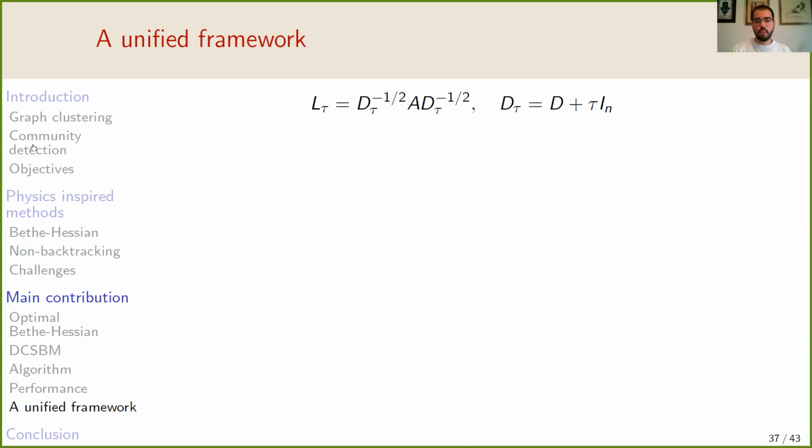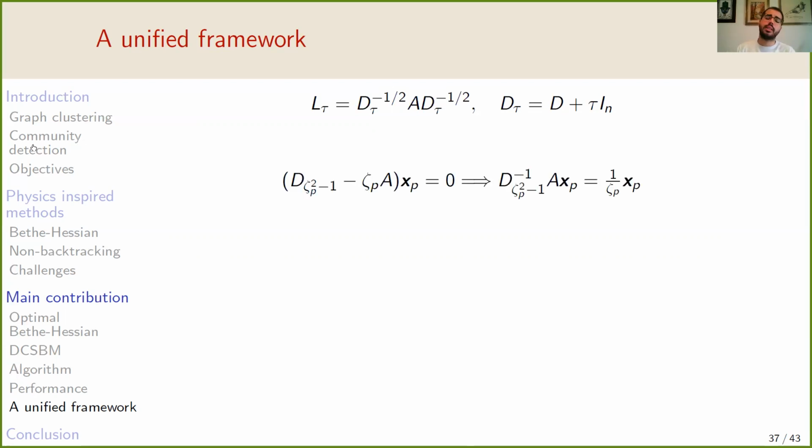Similarly, we can talk about the regularized Laplacian matrix L tau, which is the matrix that corresponded to the black dots in the figure earlier. To obtain this matrix, we just need to replace the degree matrix by the matrix D tau, which is defined by D, the degree matrix, plus tau, the identity.